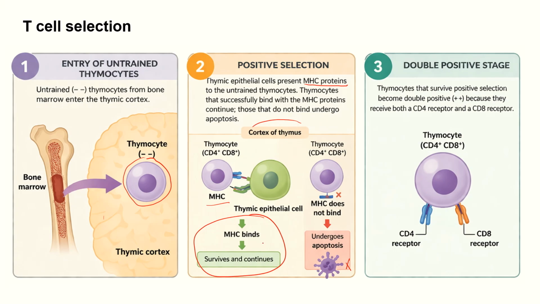Once there is a positive selection, these cells continue to the double positive stage, where they can express both the receptors, CD4 plus and CD8 plus. Now we know there are two types of receptor present in the T cell. One is called CD4 and the other is called CD8. These two receptors are expressed in two different T cell types.